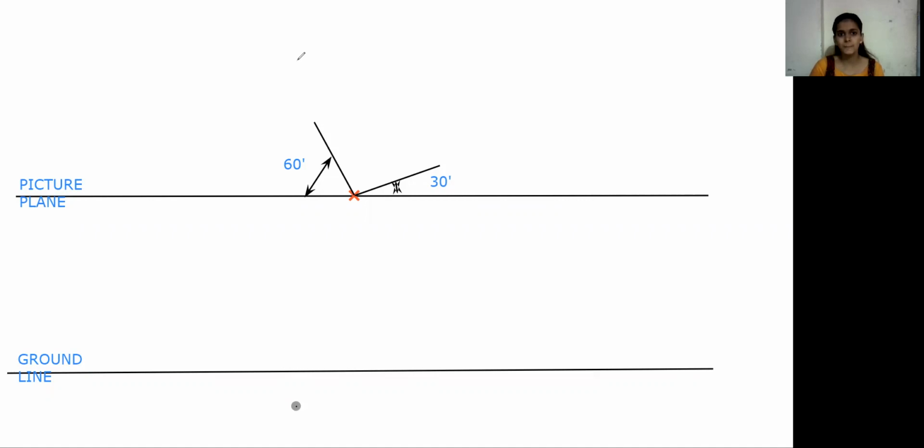Then draw the parallel lines of this 30 degree angle line, like this. Then also draw the parallel line to the 60-degree angle line.